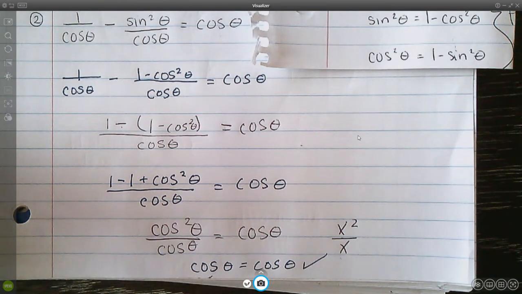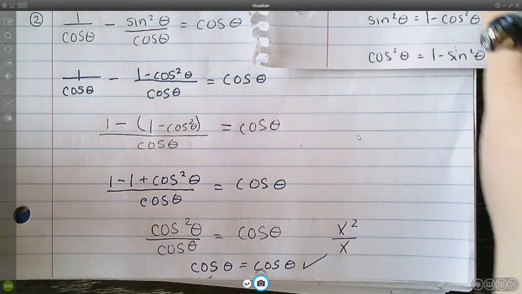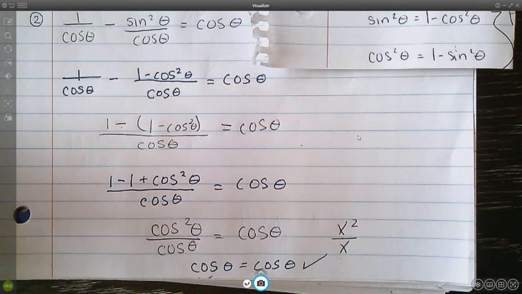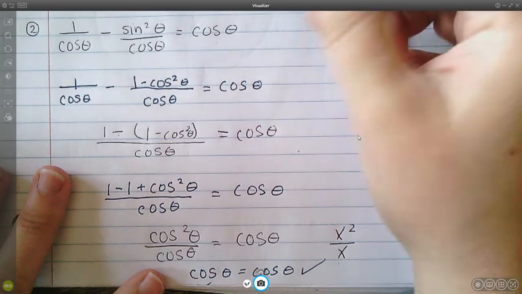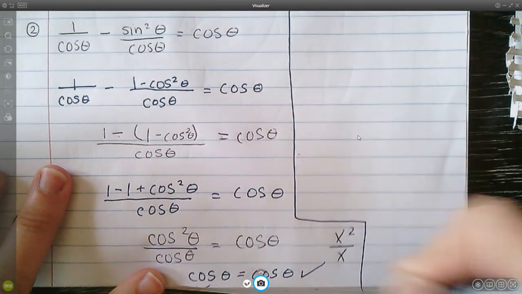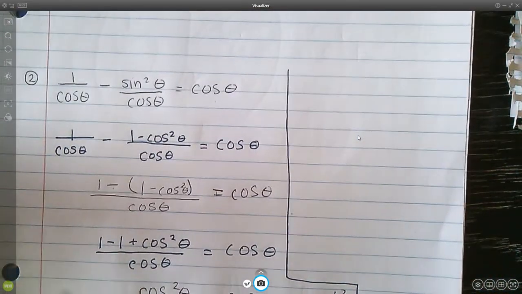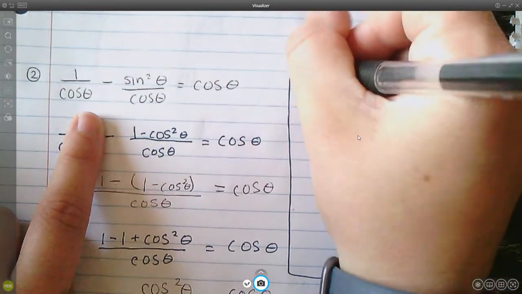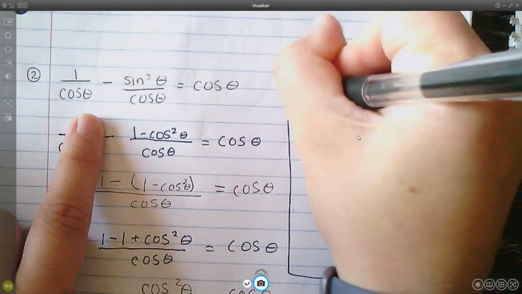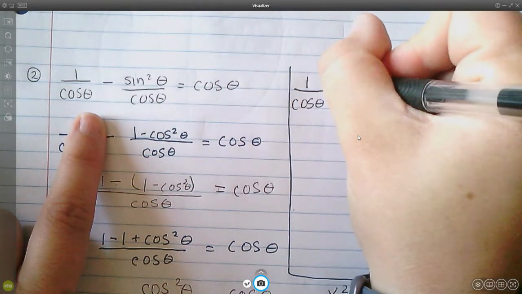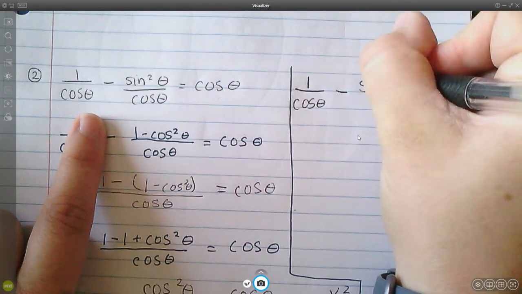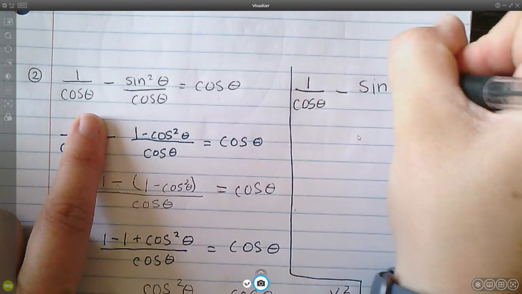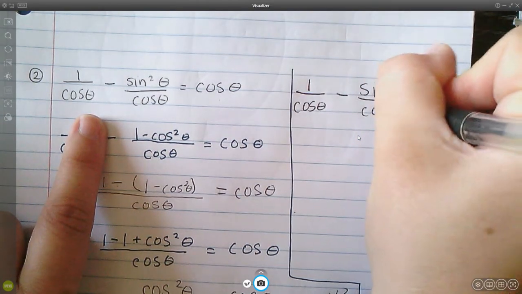So now there's another way you could have done this. So there are multiple ways to do these things, and I'm going to show you another way to do the same thing real quick. Okay, so to start off, you had a common denominator, so you could just add your fractions first. So let's see what happens if we do that.